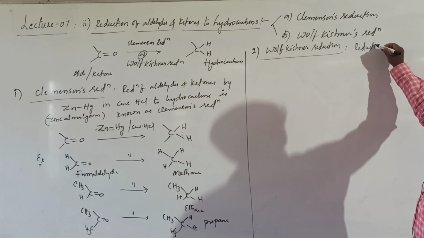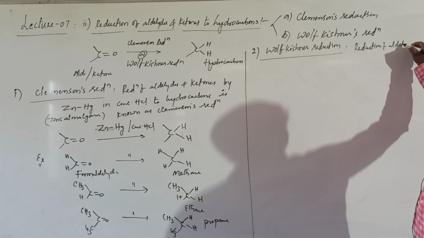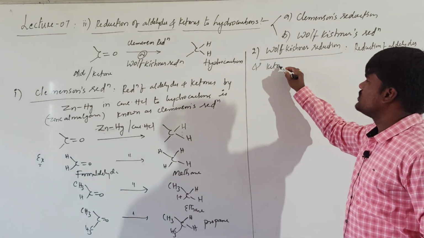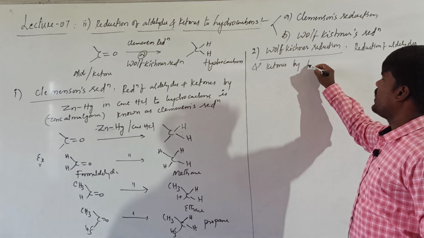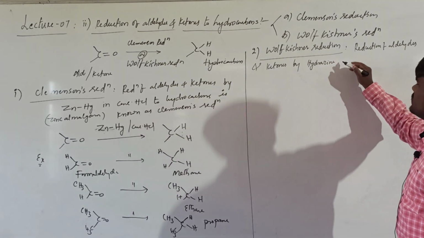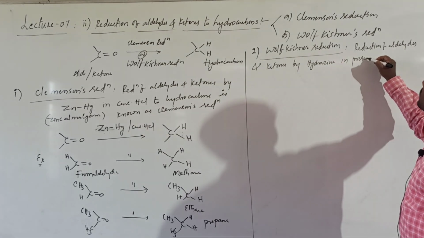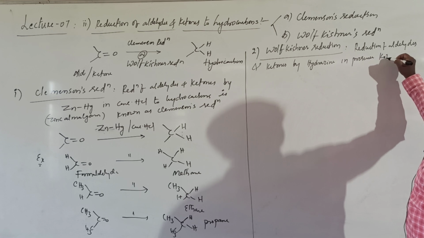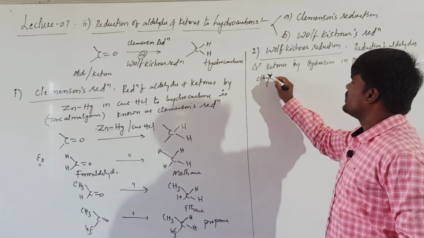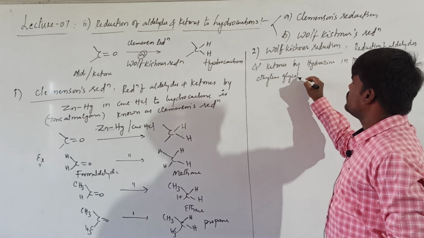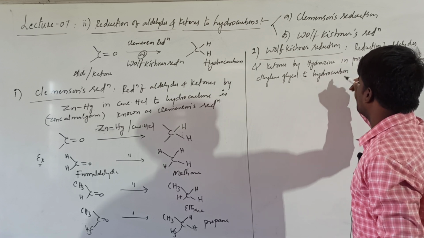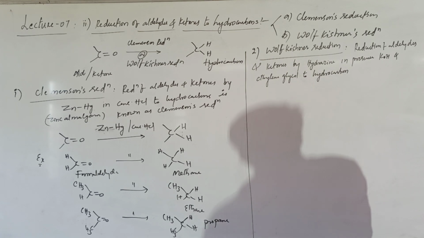Reduction of aldehydes and ketones by hydrazine in the presence of KOH and ethylene glycol to hydrocarbons is called Wolff-Kishner.